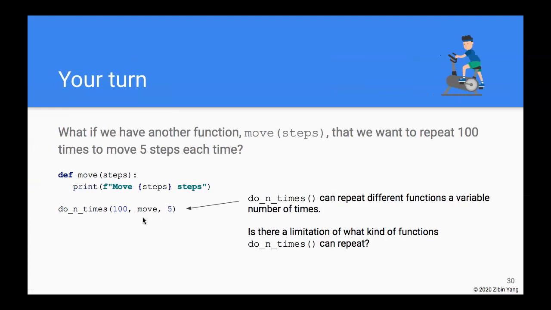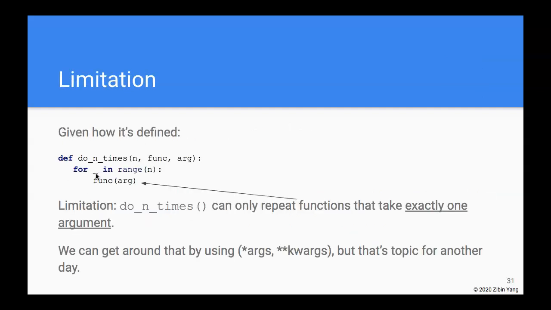As useful as it might be, there are limitations of do n times. Specifically, what kind of functions can it repeat? If we look at the definition of do n times, it has to call the function in a very specific way, func given a single argument. That means this func can only take exactly one parameter.